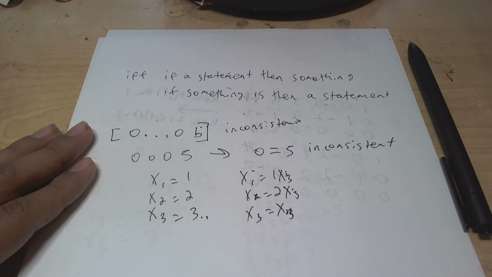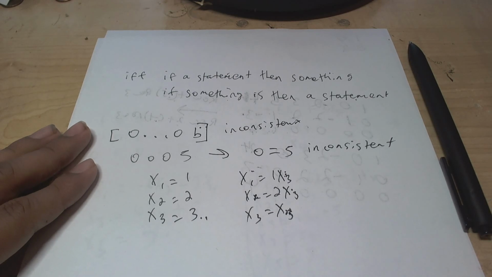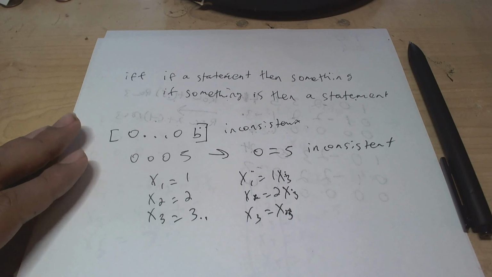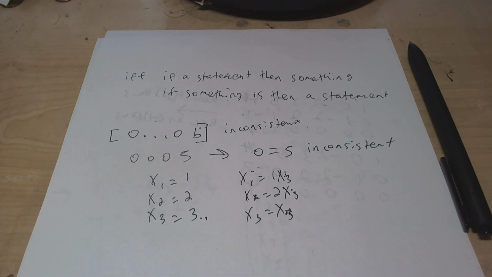And this video has dragged on way too long. This theorem isn't really stating anything new. We already know the definition of a consistent linear system, and we just learned what a free variable is, so I hope that it makes sense.